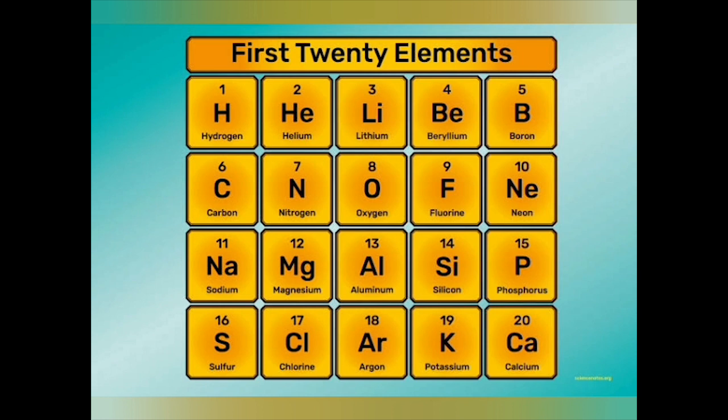Sodium, it is represented by capital N and small letter a. So learn the symbols of the elements which are given here, and please write them and learn them so that you can easily remember them.